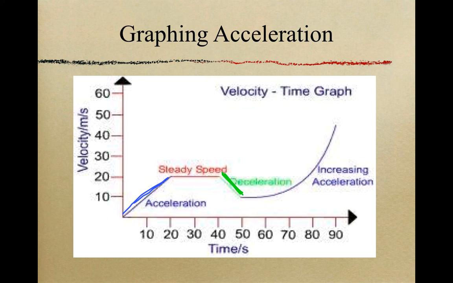Red line here, our steady speed, no acceleration. The car is still traveling, and if we follow the line over, we can see that that car is going roughly 20 meters per second. And then we've got this exponential slope over on this side. Don't need to worry too much about that. That is, the acceleration is constantly increasing. The car is gaining speed at a much quicker rate all the time.